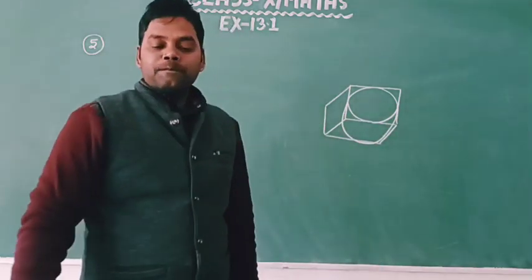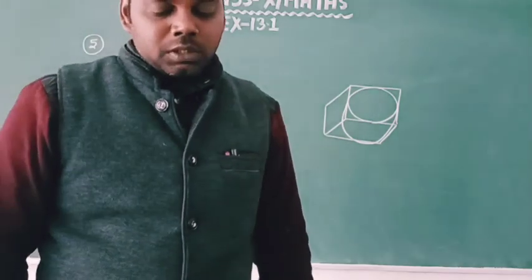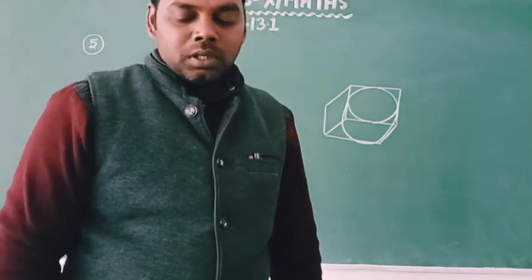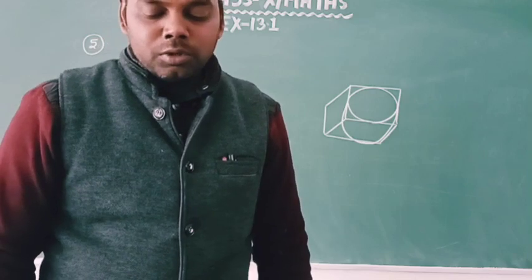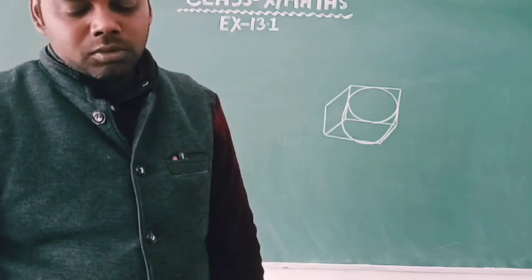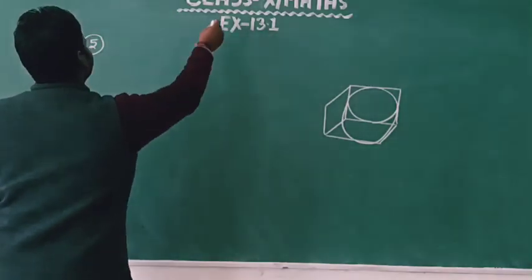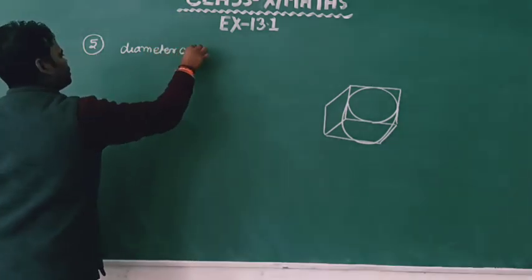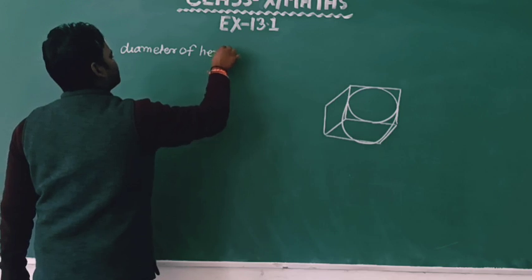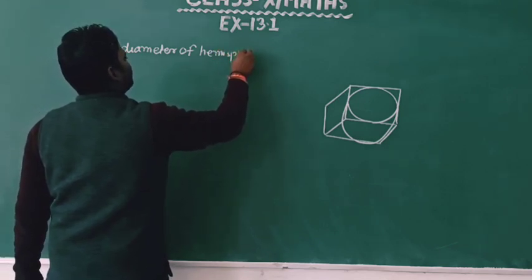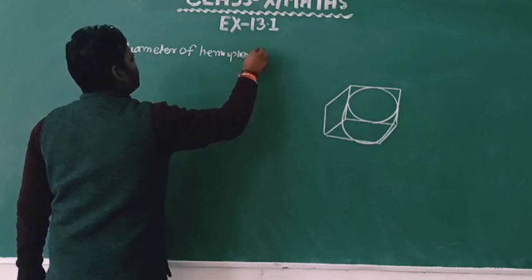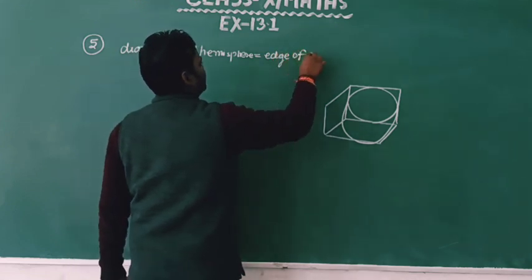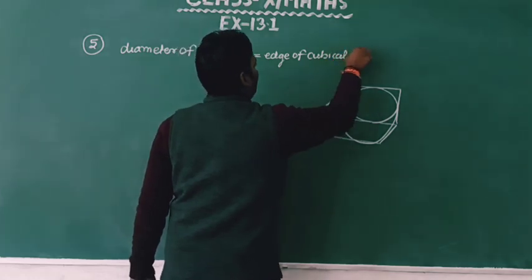The diameter of the hemisphere is equal to the edge of the cube. So we are given the diameter of the hemisphere equal to the edge of the cubical block.